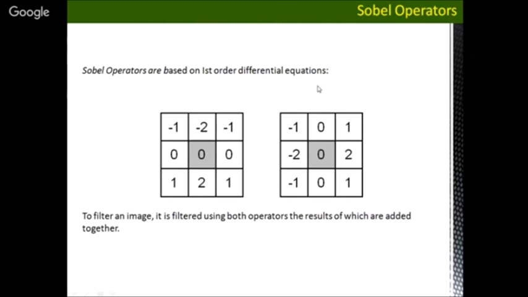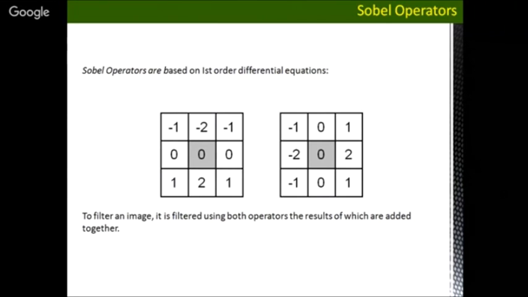So when you join the two outputs, there is another one which is exactly operating on the differentiation on the x-axis. If you see the second mask, it is differentiating the whole image on the horizontal axis. So you join together the outputs of these. You can have a vector sum or total sum. Mind it, the sum of these two is still 0. Whenever we differentiate, we keep the sum of mask values as 0.